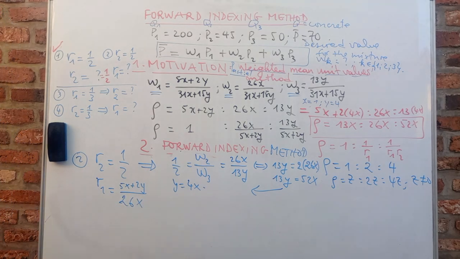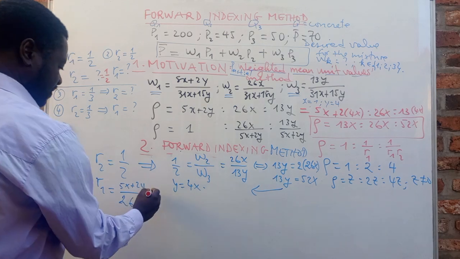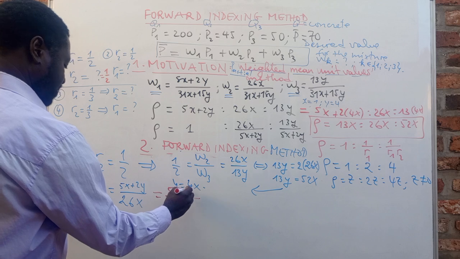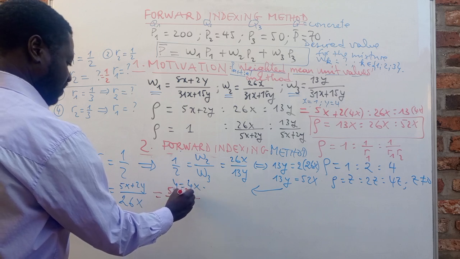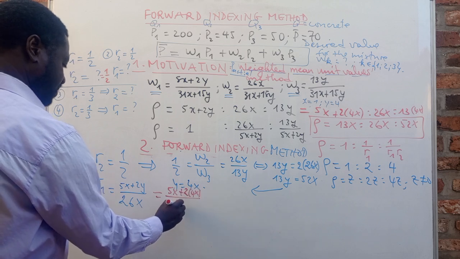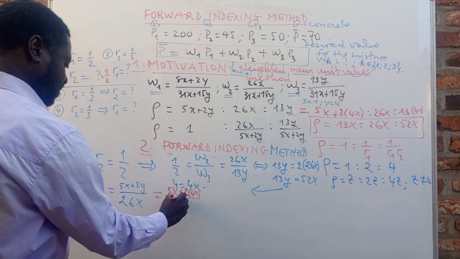Okay, so now this is going to be equal to 5x plus 2 times 4x, divided by 26 times x.